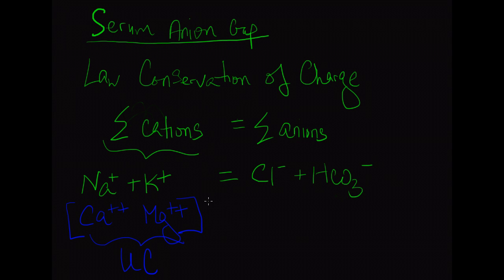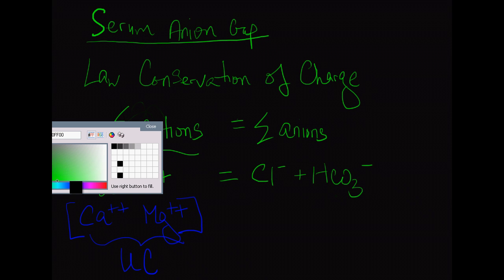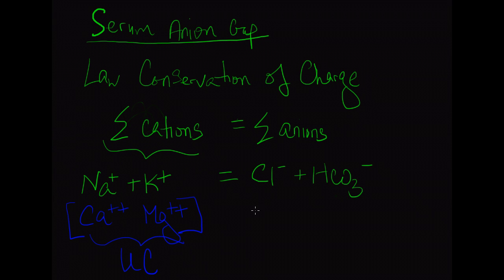Now we've got some unmeasured anions. Actually, we have quite a few. Let's just go through them real quick. We've, of course, got albumin. It carries a 3 negative charge. We've got our phosphates. We've got our sulfates.